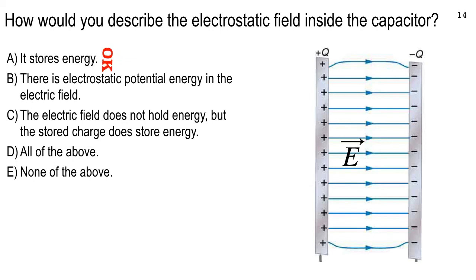Another good answer, B. There's electrostatic potential energy in the electric field. And guess what? Guess how it shows up? Go ahead and write this down in your notes. The electrostatic potential energy is proportional to the square of the field. The electrostatic potential energy is proportional to E squared.